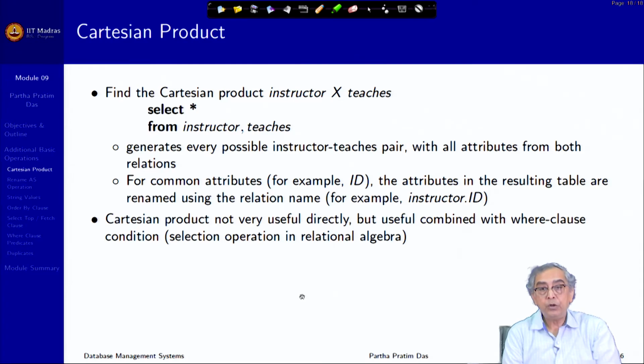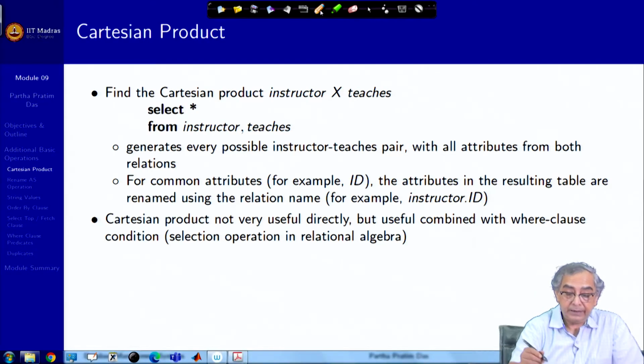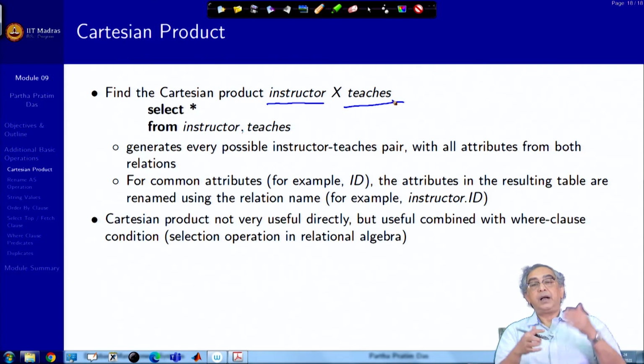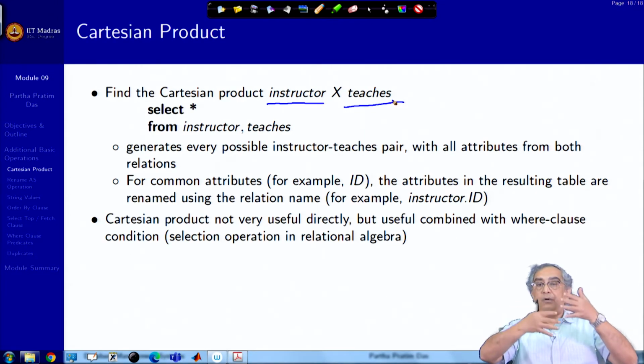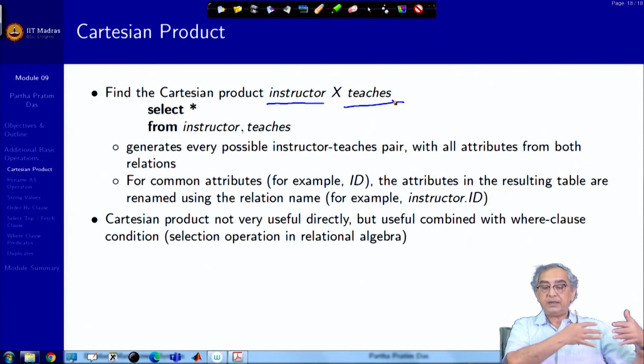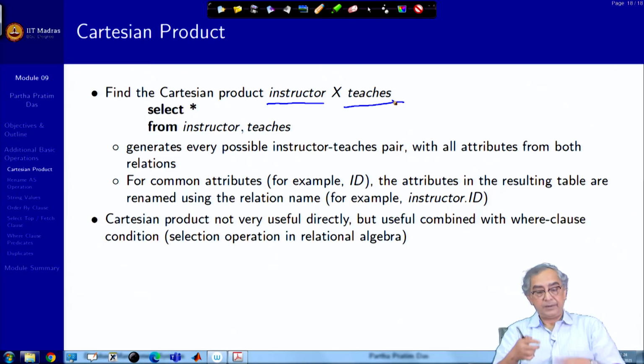We have observed that the Cartesian product, if I have two relations, instructor and teachers, is a combination of all tuples that instructor has and all tuples that teachers has.